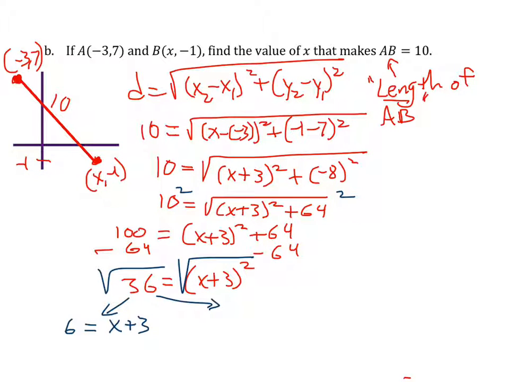Or we also have negative 6, because negative 6 times negative 6 is 36. In this case, we've got to take both of them, the positive and the negative square roots. All right? On this one, subtract 3 from both sides, x equals 3. Or if we subtract 3 over here, we get x equals negative 9.